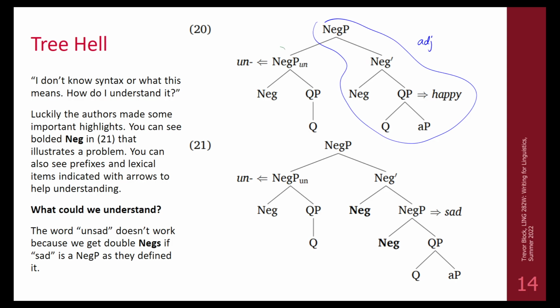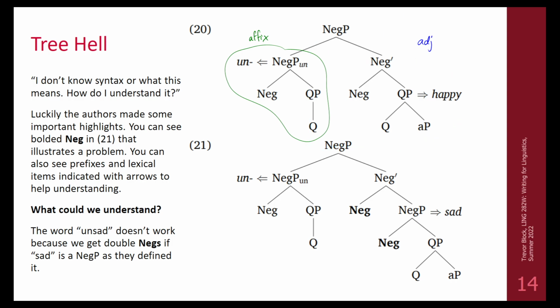And we have this affix right here, which is un. Actually, I've sort of drawn the boundaries incorrectly here. Let me redo the boundaries at this point. I did get myself confused. So here we have the affix un.